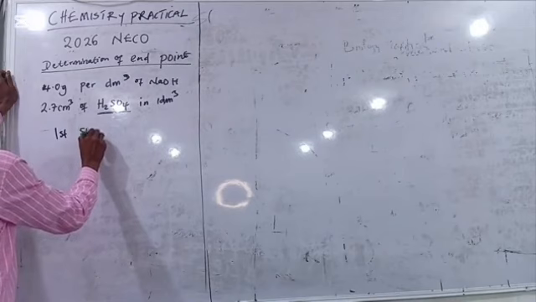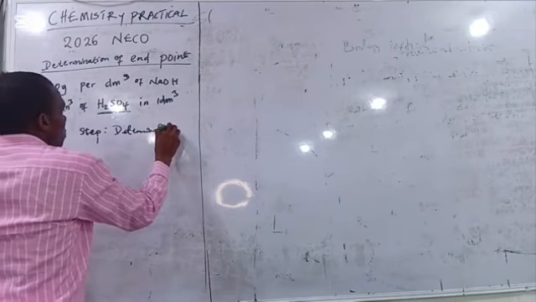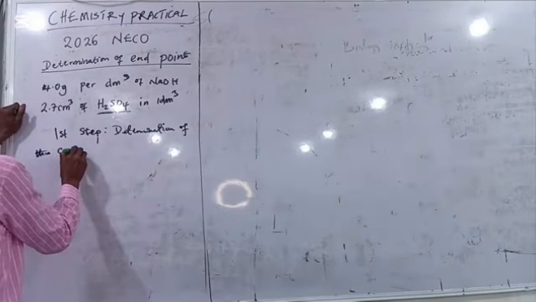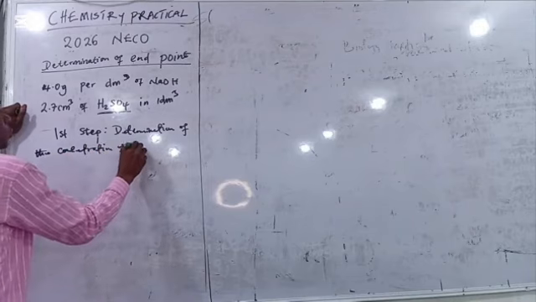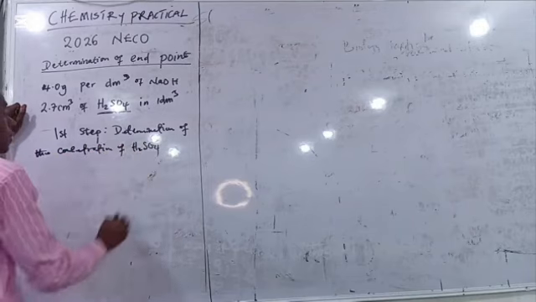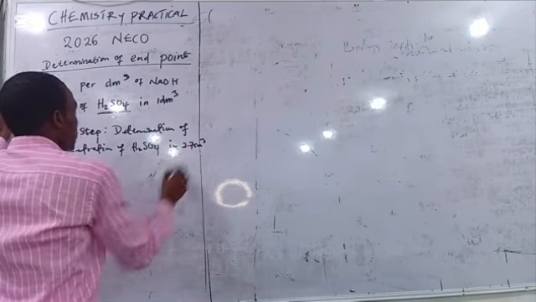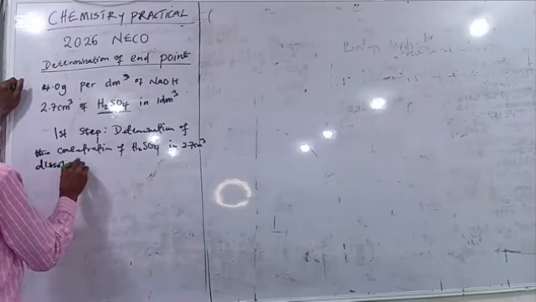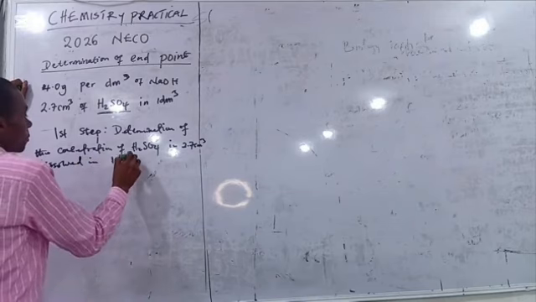So let's look at the first step now. Determination of the concentration of H2SO4 in 2.7 cm cube dissolved in 1 dm cube.